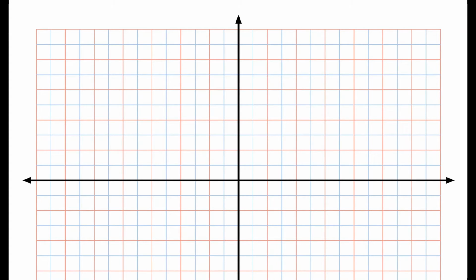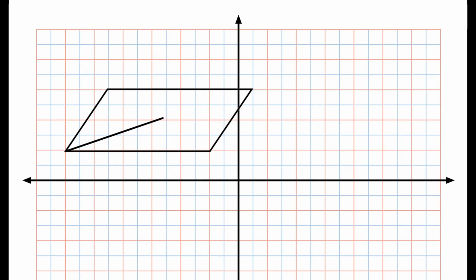If I were to draw a generic parallelogram on here, just any old parallelogram I want, and I draw in a diagonal, I can see that that diagonal cuts the parallelogram into two congruent triangles, basically because of side, side, side. This triangle right here, triangle number 1, is the exact same as triangle number 2.